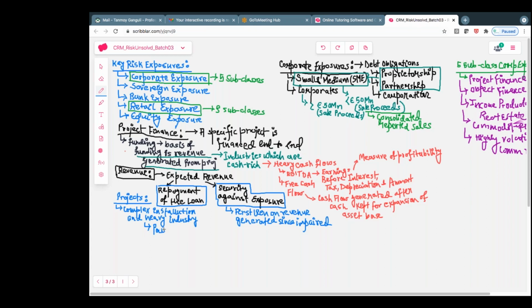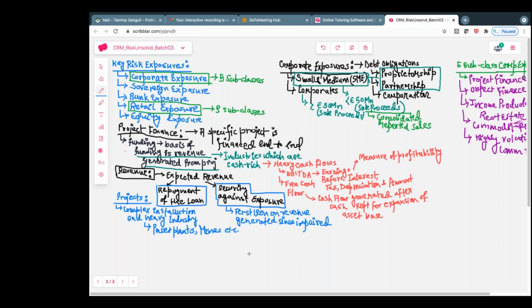We are talking about power plants, mines, etc. We would have power plants, mines, transportation industry, transportation infrastructure, let's say bridges, flyovers, and stuff like that.